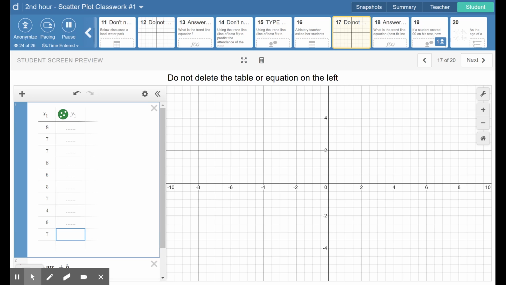Now I also recommend you double check the numbers that you enter, because one small mistake will lead to incorrect data.